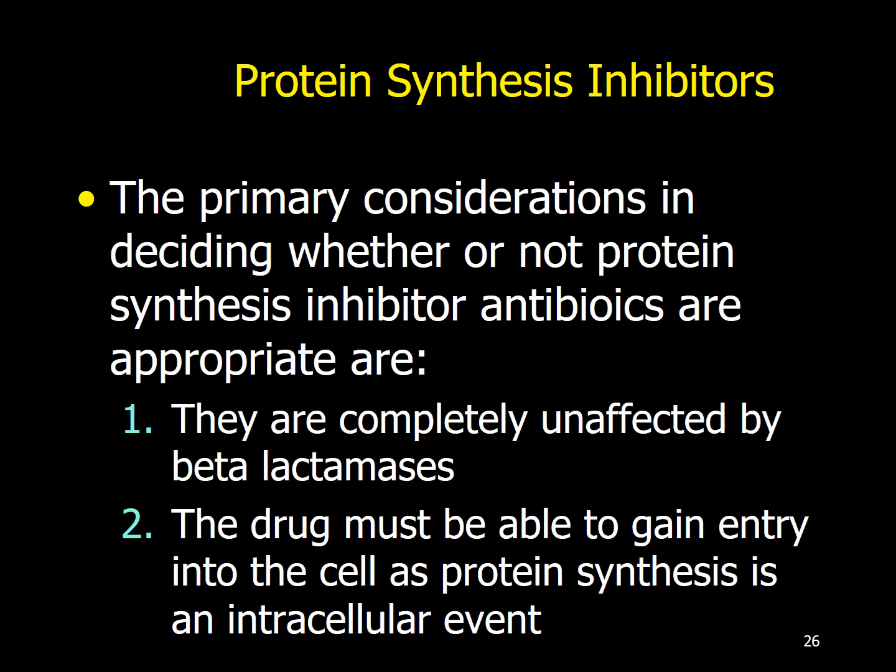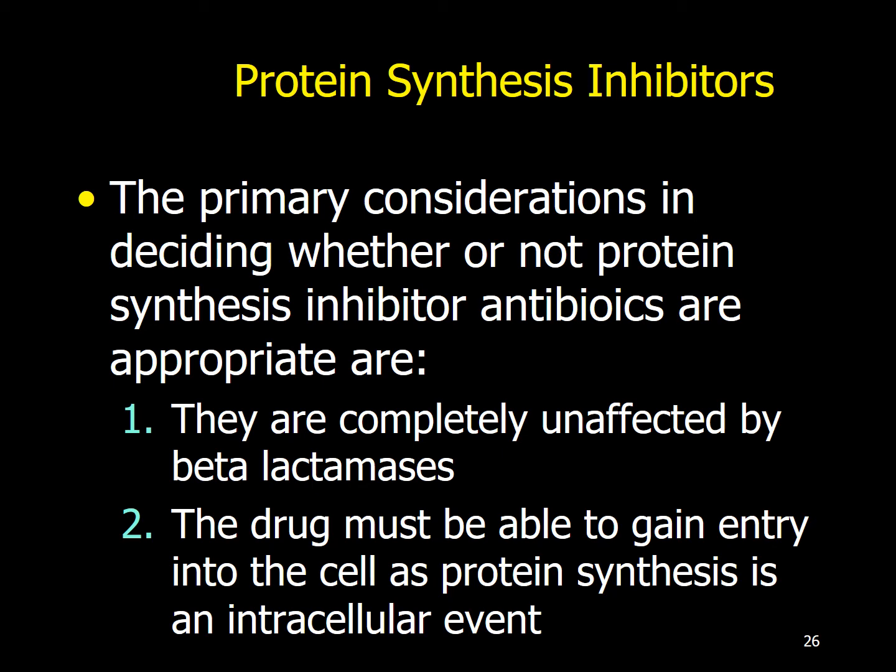The downside, if it's the downside, it usually isn't, but the one thing to consider is that protein synthesis is an intracellular event. The antibiotic has to get into the cell to be able to interfere with protein synthesis. And sometimes that's not so easy to do, because remember when we looked at the structure of the cell wall, particularly in the case of gram-negative organisms, that barrier is pretty distinct, right?